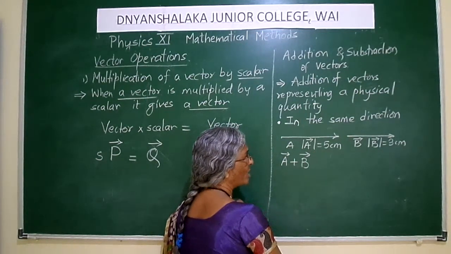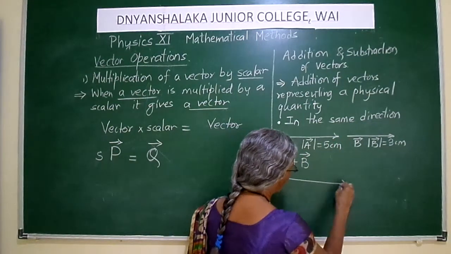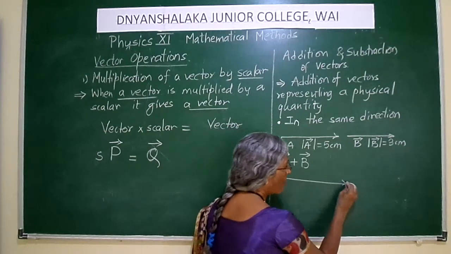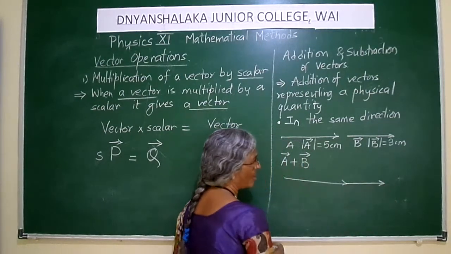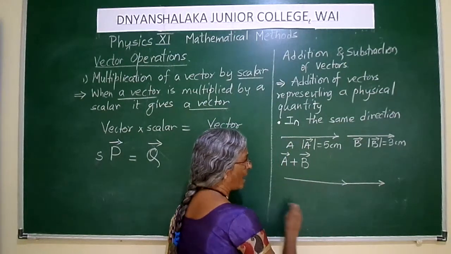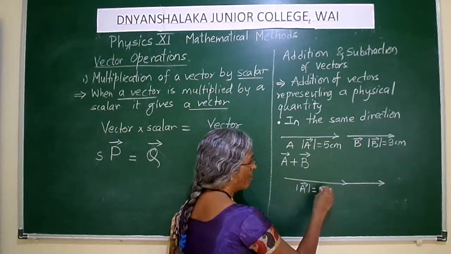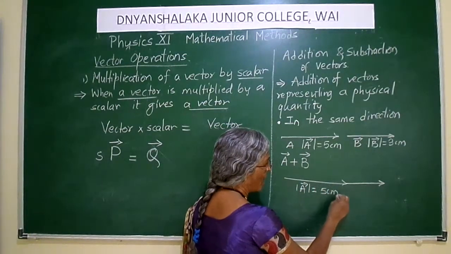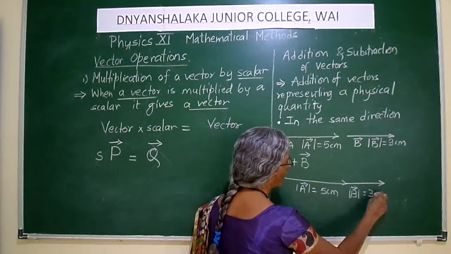How will this addition be? This is vector A of 5 centimeters. I will add vector B over here, which is of 3 centimeters. So what is the total magnitude of vector addition over here? Vector A, which is of 5 centimeters, added to vector B, whose magnitude is 3 centimeters.